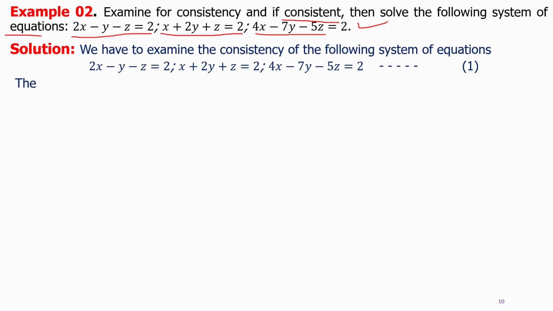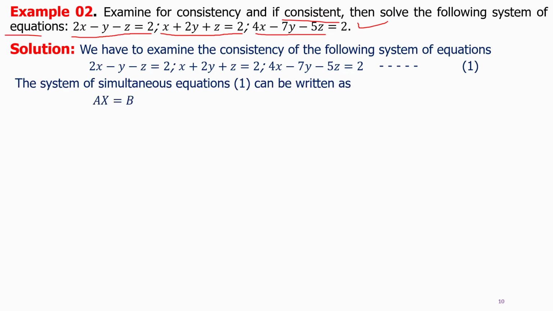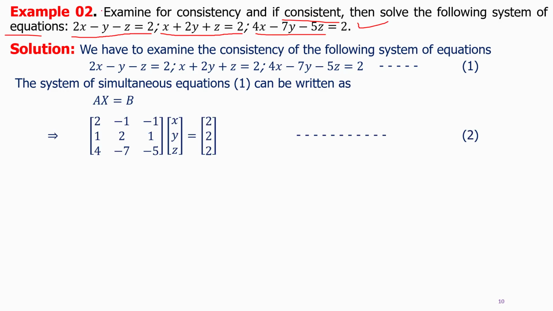Let me give it equation number 1. This system of simultaneous equations 1 can be written as AX is equal to B, where A is nothing but the coefficient matrix, the coefficients of all the variables: 2, minus 1, minus 1 is the first row; similarly 1, 2, and 1 is the second row, and 4, minus 7, minus 5 is the third row.